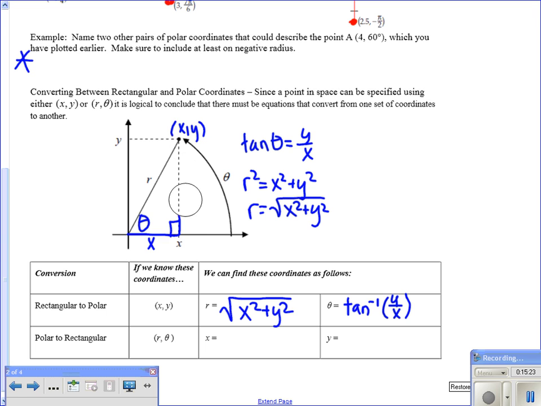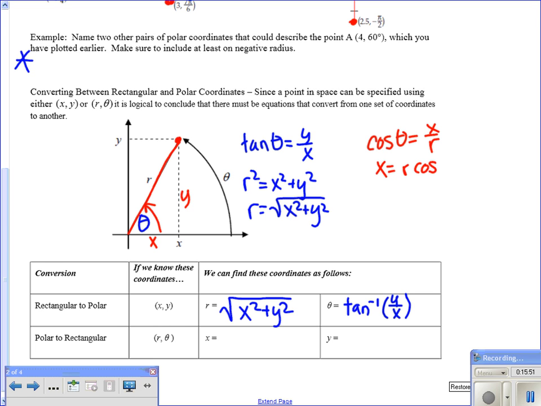Now, let's say that instead of being given x and y, I was given my distance r to this point and theta, and I want to find x and y. So if I want to find x and y, well then I know this is x and this is y. I can use right triangle trigonometry. To find x, I can do the cosine of theta equals x over r.